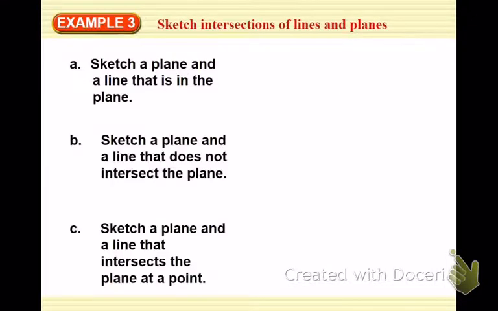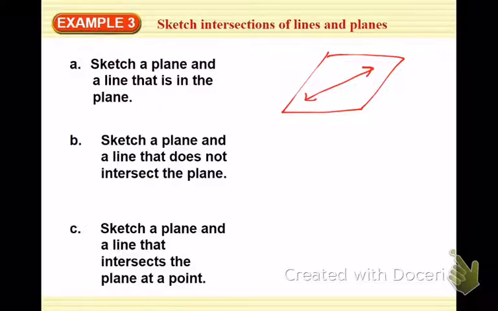All right, sketching. Got to be good about drawing. Sometimes this is just using some tips and tricks to make the picture look the way you want it to. So if we want to sketch a plane and a line that is in the plane, we need our plane, which is just going to be a box. And then make sure the line stays completely in the plane.